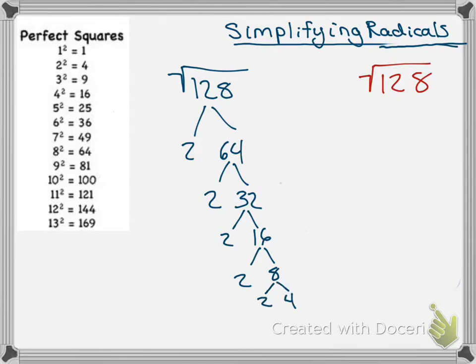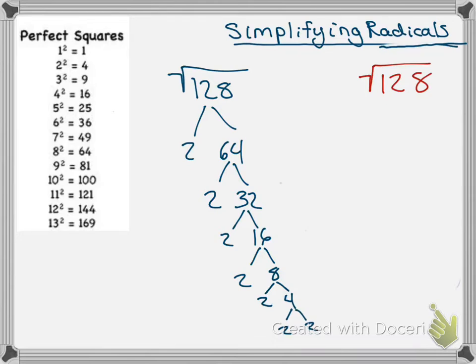And finally, 4 is even. So 2 times what is 4? 2 times 2. Once you have all the numbers broken down to a prime, and 2 is a prime, you can stop. There's nothing else to be broken down.